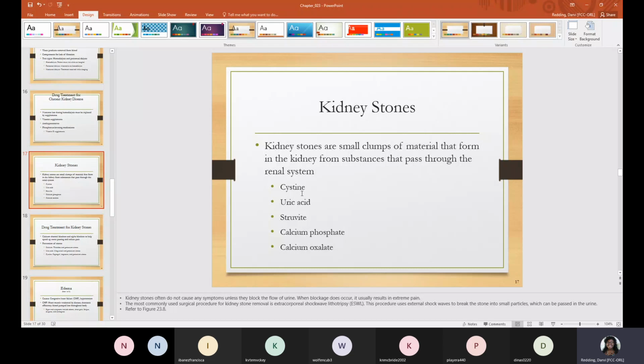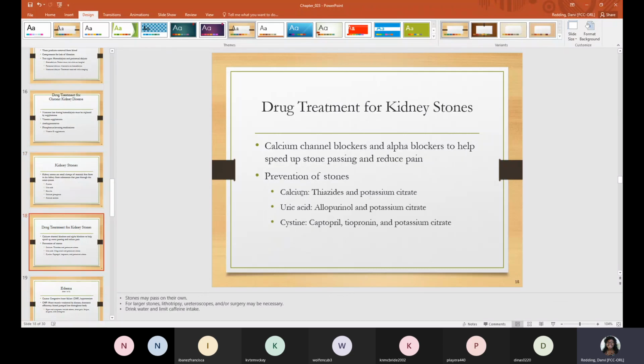Now, for patients who are taking medications for this particular condition, some drug treatments for kidney stones would include calcium channel blockers and alpha blockers, which would be used to help speed up the stone passing and also reduce the pain. Now, for patients who are on drug treatment for prevention of stones, they may be prescribed calcium, examples would be the thiazides and potassium citrate.